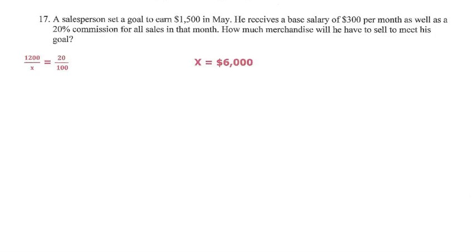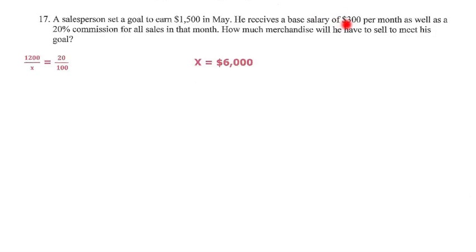Number 17, a salesperson sets a goal to earn $1,500 in May. He receives a base salary of $300 per month, as well as a 20% commission for all sales that month. How much merchandise will he have to sell to meet his goal? So you set it up like a proportion.